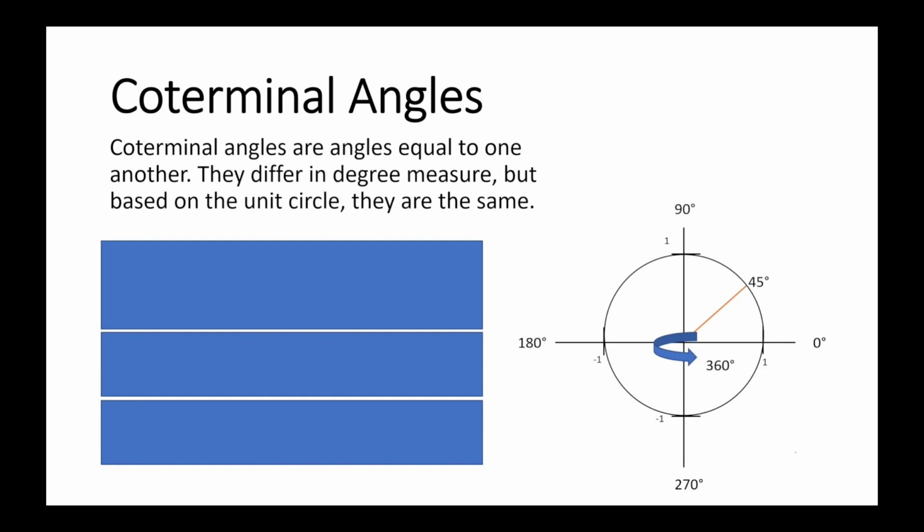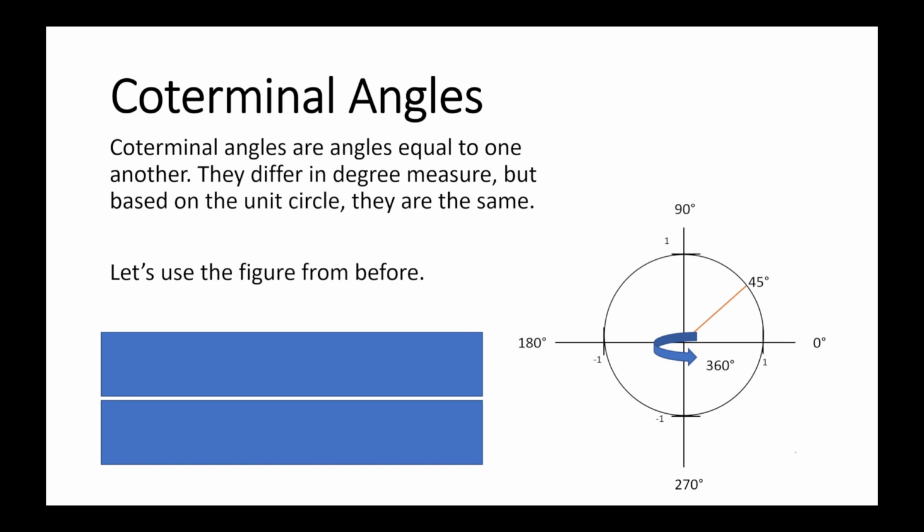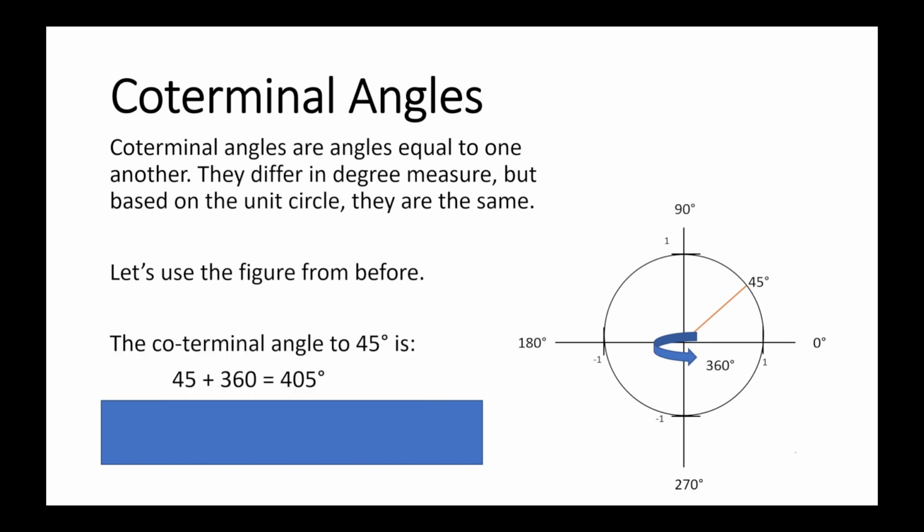Again, we're going counterclockwise with our 360. When we go fully around the circle, 360 degrees, we're just going to follow this arrow here. I'm going to go around all the way. I've hit here, this is my 360 degrees.